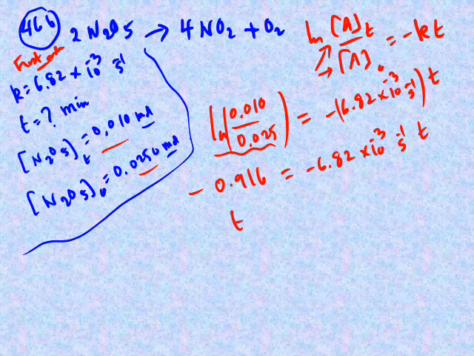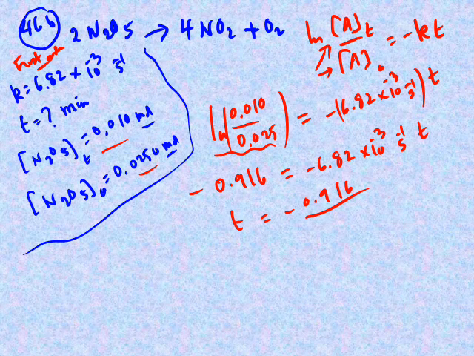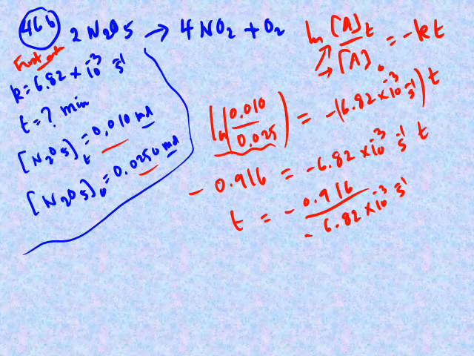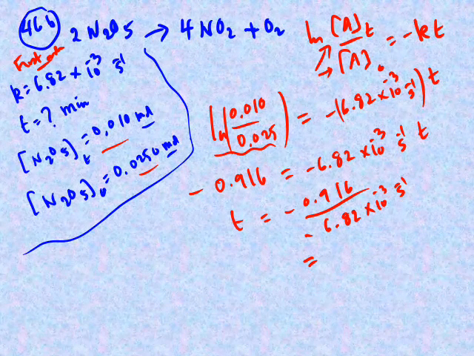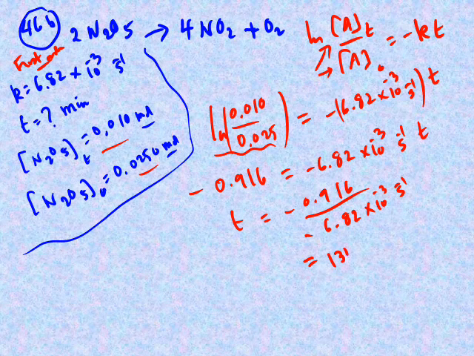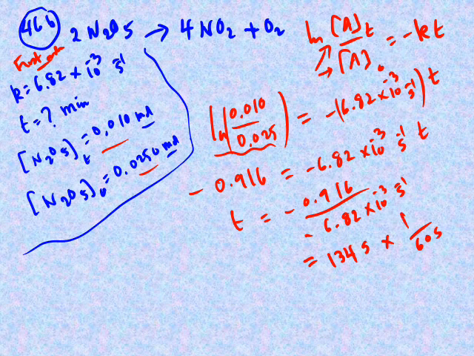So when I'm getting the t value, that's what they're asking for, it'd be minus 0.916 divided by minus 6.82 times 10 to the negative 3 per second. Now per second becomes second because you're taking the inverse of that. So the value here is 134 seconds. And the question is asking for minutes, so let's change it to minutes. 60 seconds makes 1 minute.